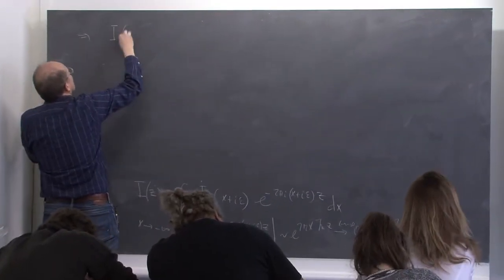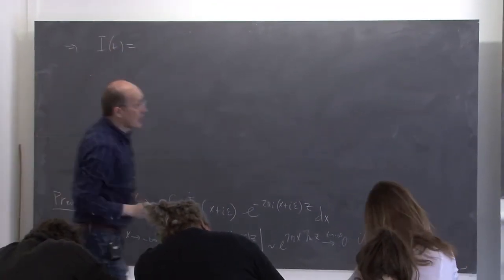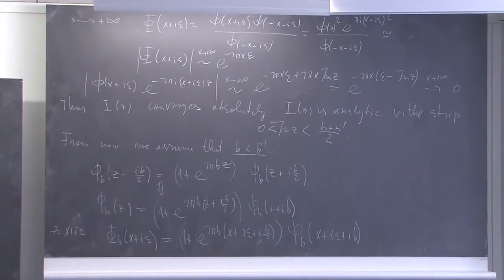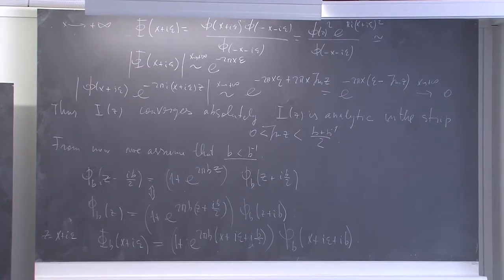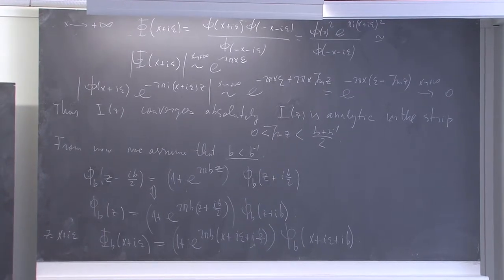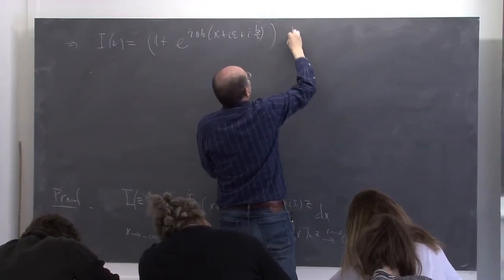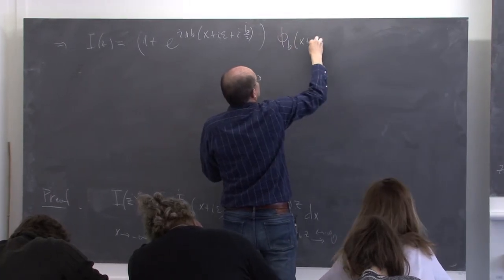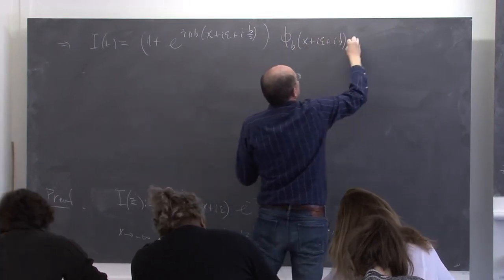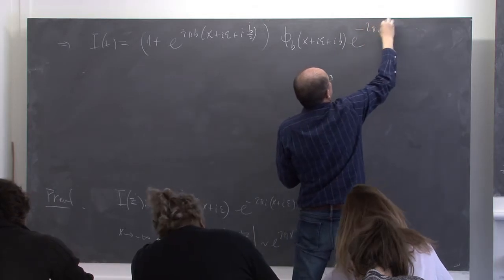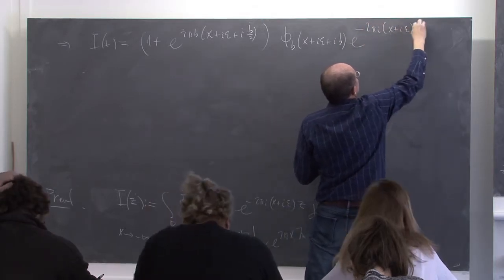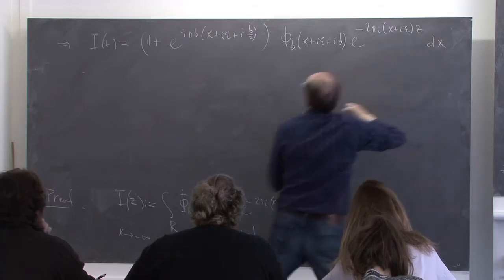So I of z equals, and we just write the right-hand side: the integral of 1 plus e to the 2 pi b (x plus i epsilon plus ib over 2), times phi b of x plus i epsilon plus ib, times e to the minus 2 pi i (x plus i epsilon) z, dx.